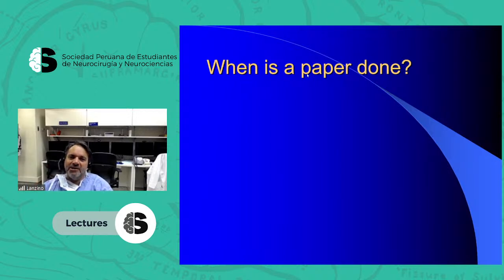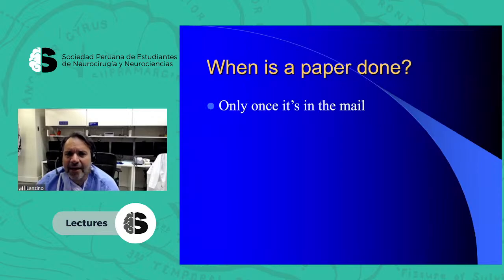And when is a manuscript done? When is a study done? Well, for me, the manuscript is done when you have submitted, it has come back usually with revisions, you have done the revision, and it's accepted. That's when I think a manuscript is done.